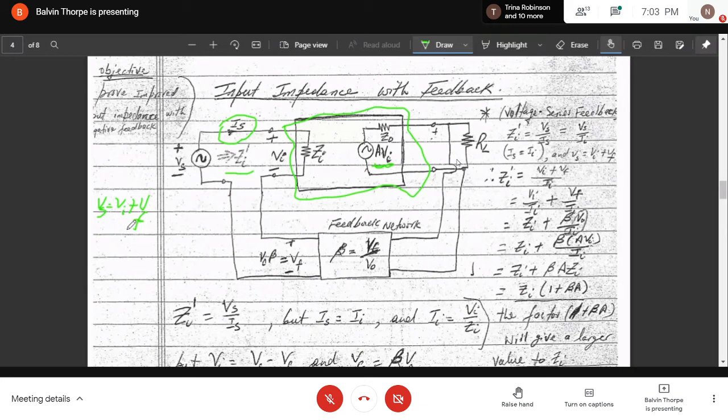VS equals VI plus VF, but really and truly, VS equals VI plus beta VO. Agree? Yes, sir. You can keep going.